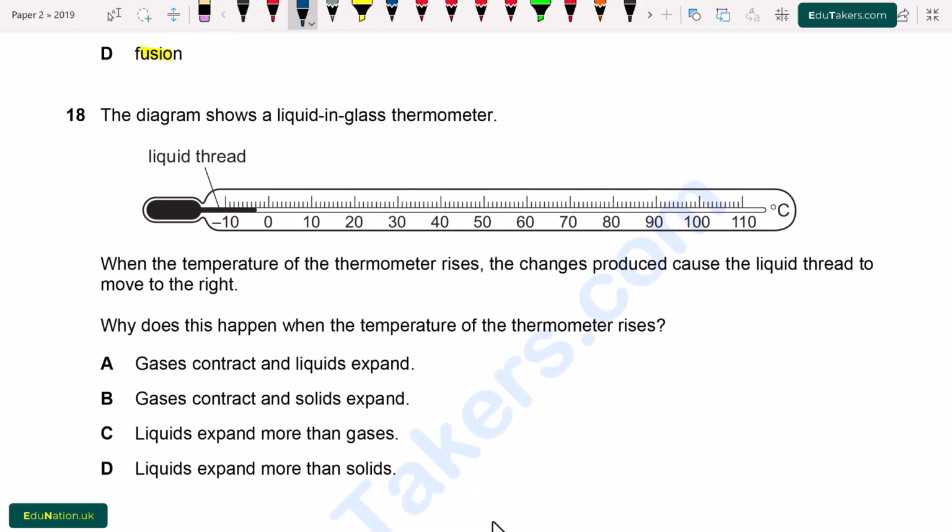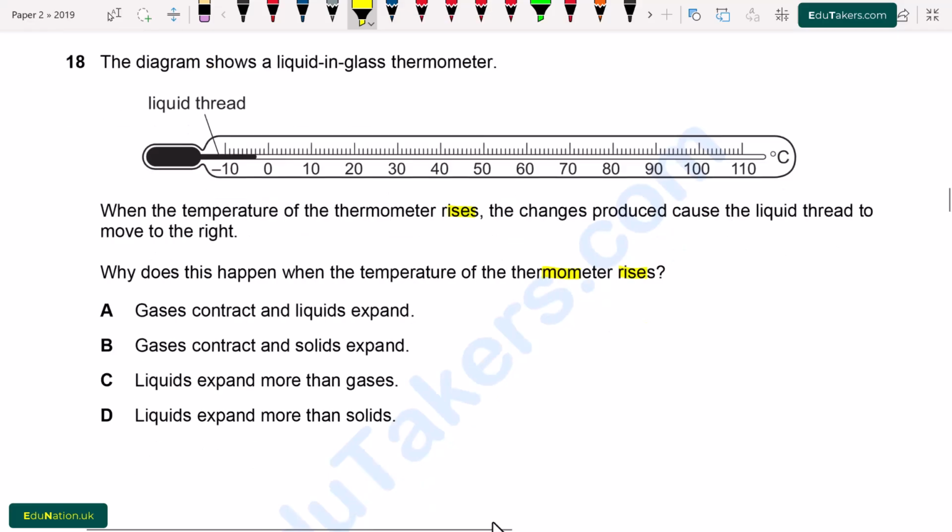Question number 18. The diagram shows a liquid in glass thermometer. When the temperature of the thermometer rises, the changes produced cause the liquid thread to move to the right. Why does this happen? So when the temperature rises, the liquid expands more than the solid. Now we see the options.